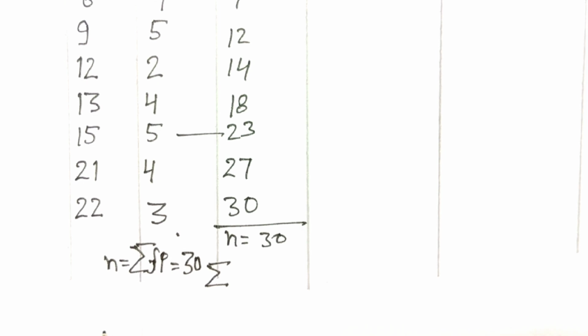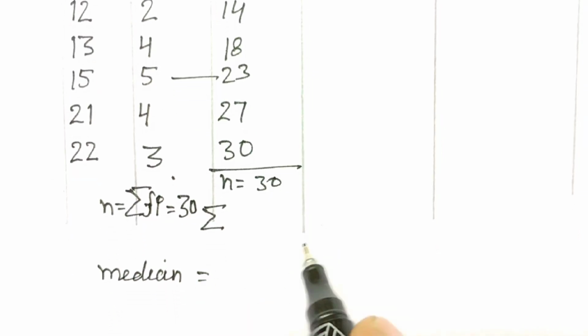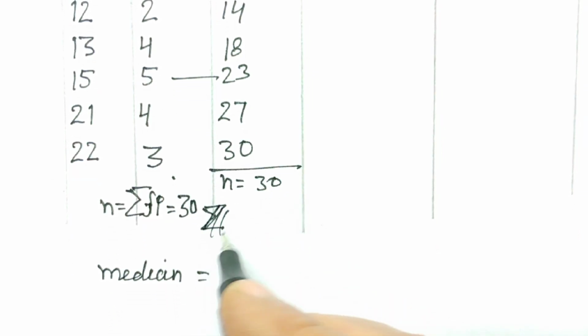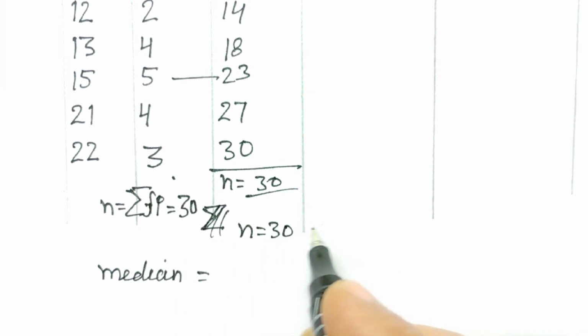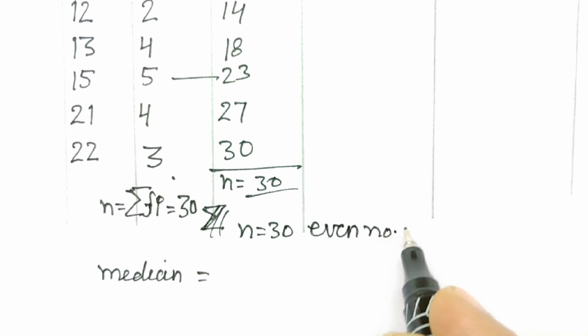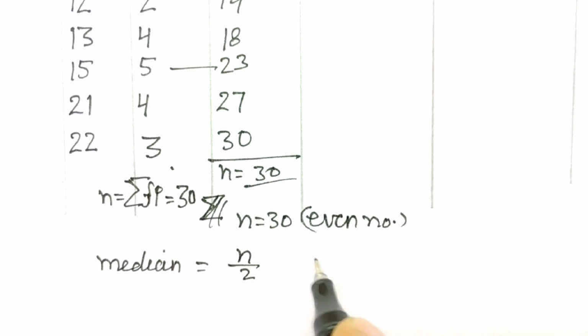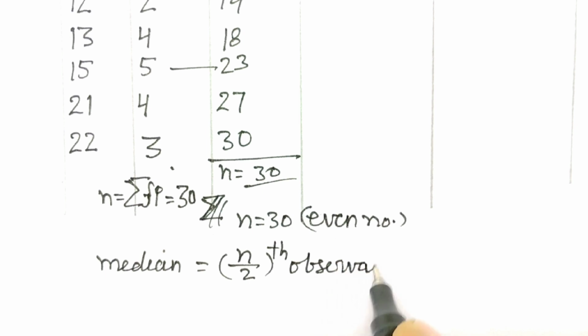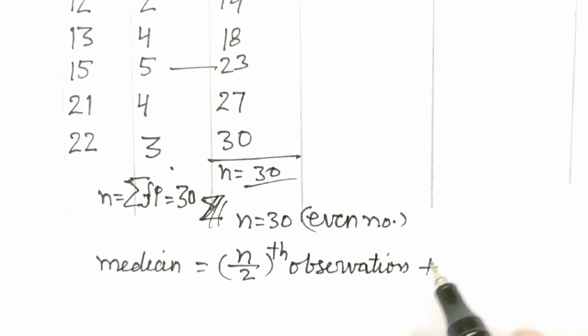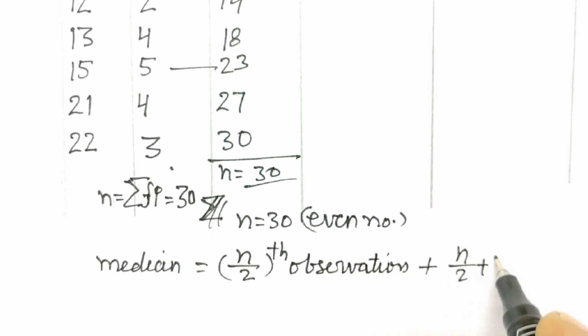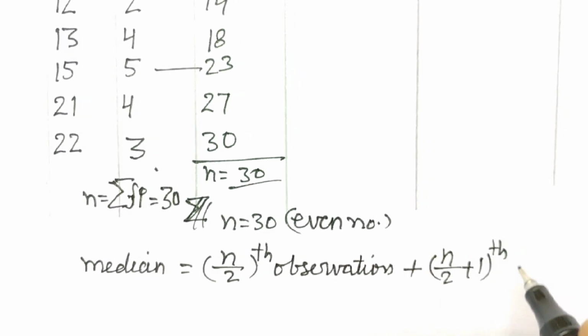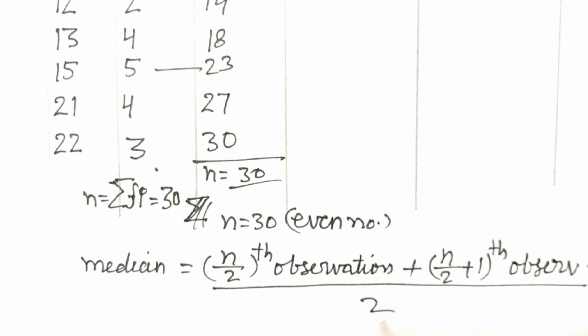Now we will find the median. Here n is 30, which is an even number, so we will use this formula: median is equal to the n by 2th observation plus the n by 2 plus 1th observation, over 2.